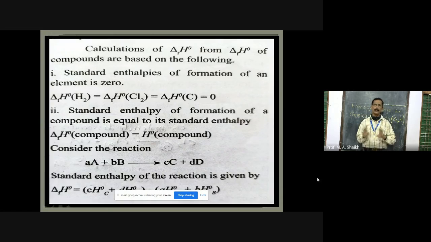And what is the second rule? Standard enthalpy of formation of any compound is equal to its standard enthalpy. One rule is for elements, the other rule is for compounds: standard enthalpy of formation of a compound is equal to its standard enthalpy.